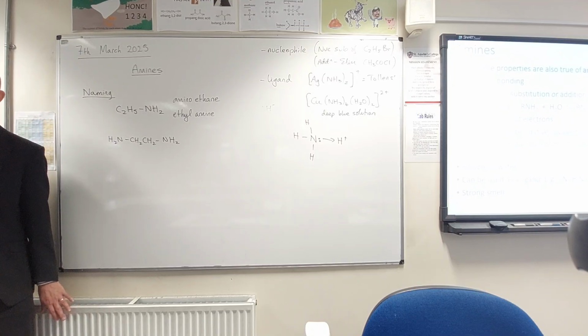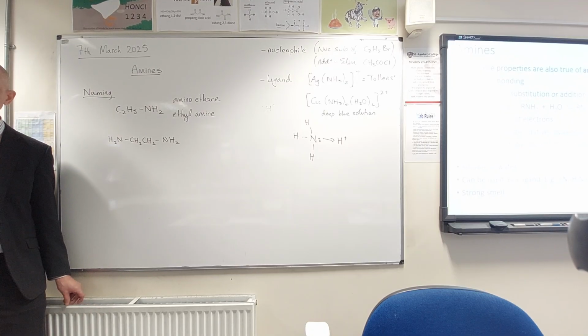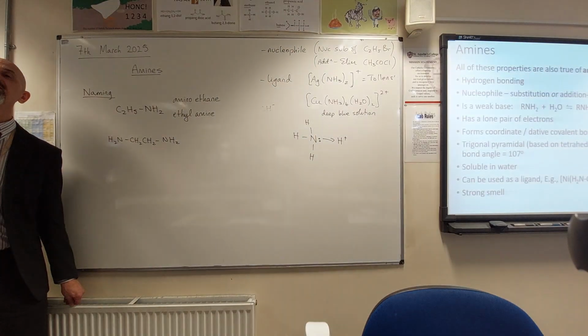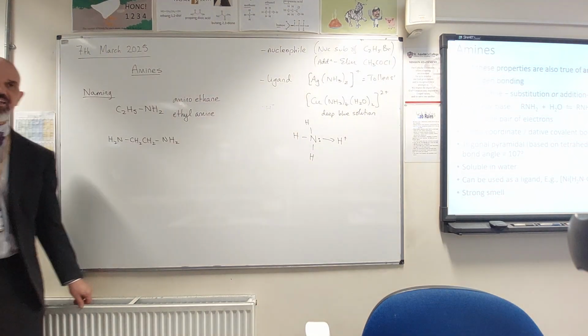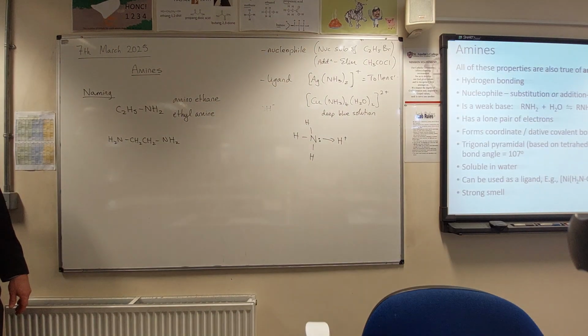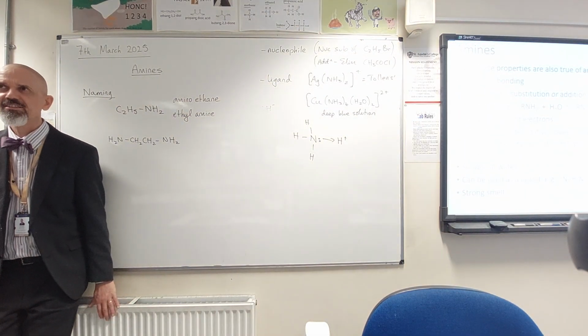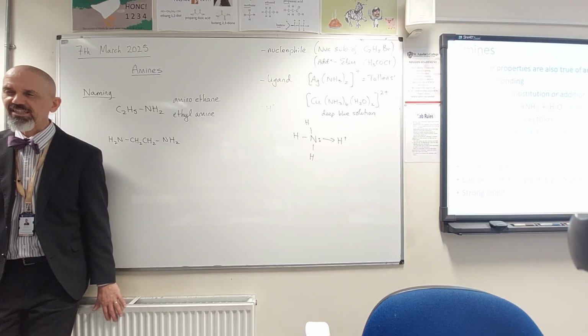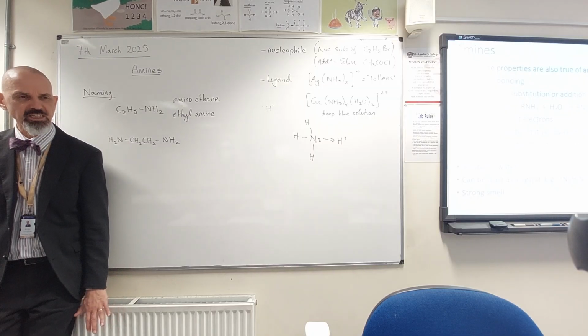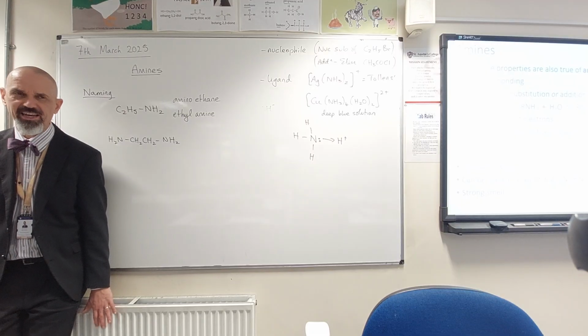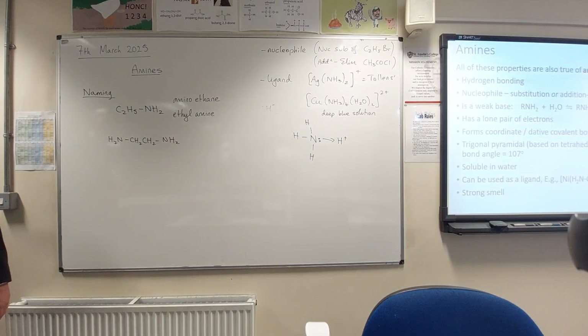Ethyl 1,2-diamine, or we could call it 1,2-diaminoethane. So I'm trying to remember the name it's given in complexes, but I think that's an old name that you're not supposed to use anymore. I think it was just called ethylene diamine. But that's not IUPAC, is it? That's just an old legacy name.